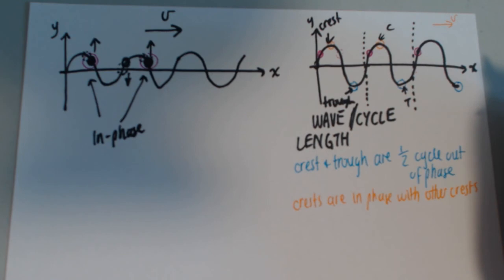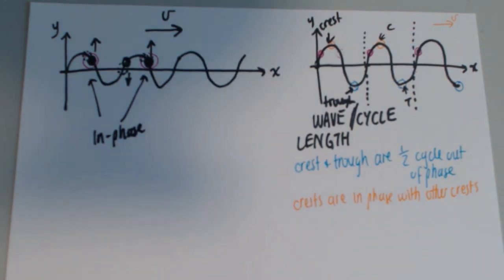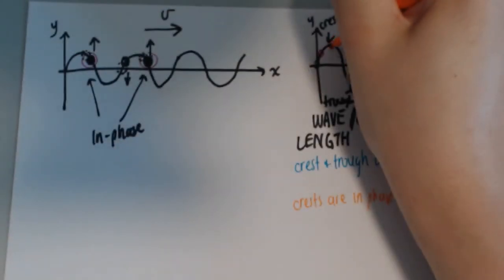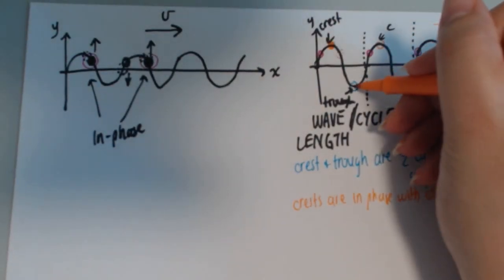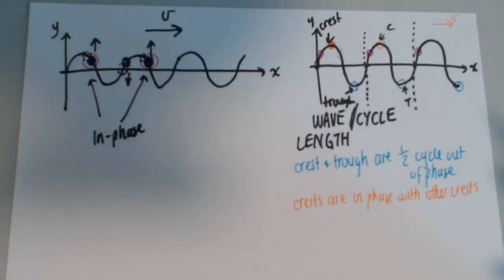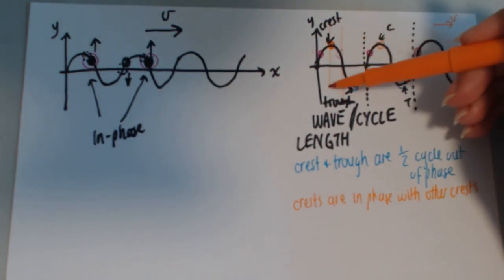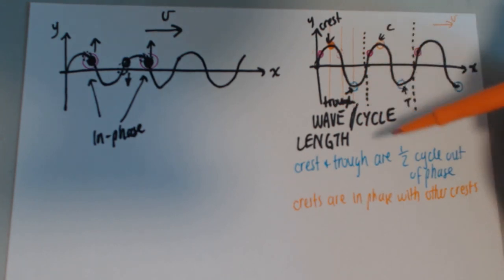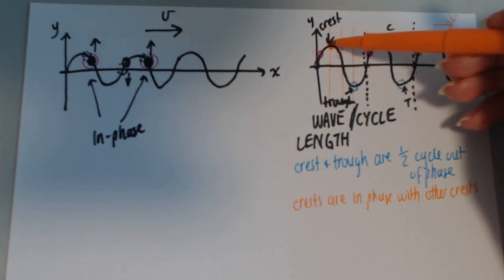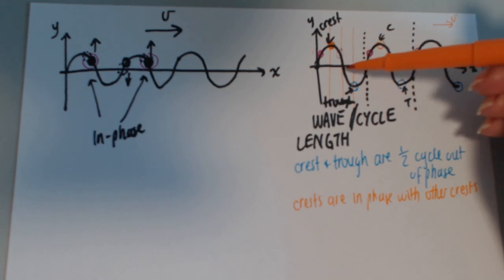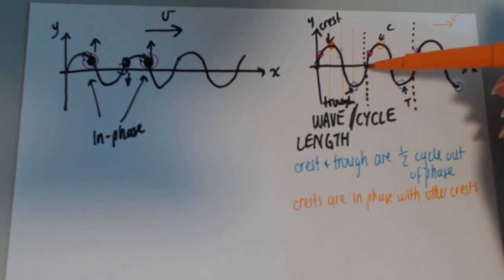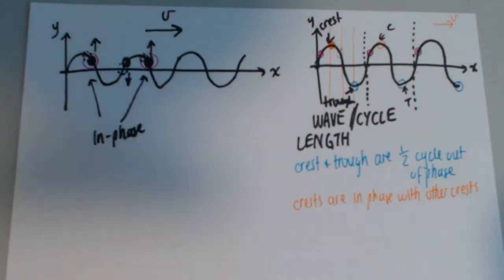All right, so based on the slide we were just on, we were looking at things that are a quarter cycle out of phase. If I have my crest, and this is a half cycle out of phase and this whole thing is one cycle, then if you break this up into 4 pieces, so I break it here, and here, and here, half a crest is a quarter cycle, another half a crest is a quarter cycle, half the trough is the other quarter cycle, and the last half of the trough is the last quarter cycle.